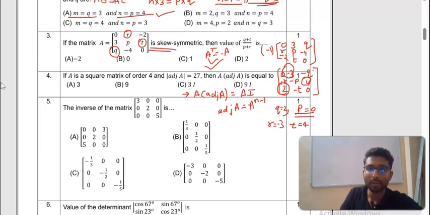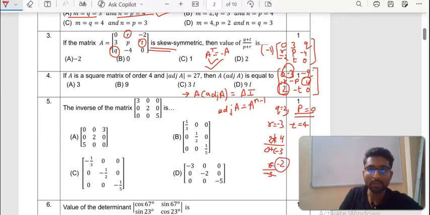Okay, put the values: Q equals 2, T equals 4, P equals 0 and R equals -3. So it's 4 plus 2, 6, and -3, that is 3. So here the answer is -2.